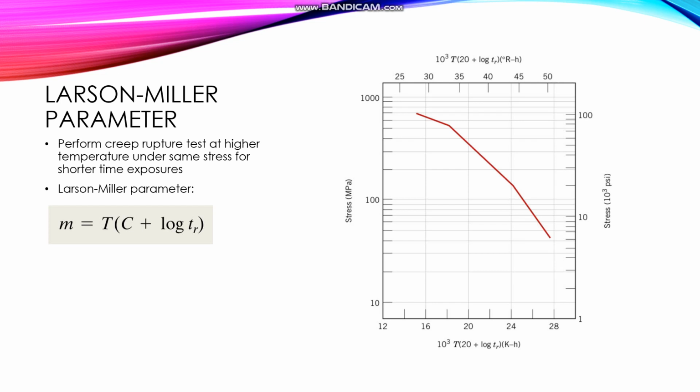The equation for the Larson-Miller parameter is this: M equals T times (C plus log tr), where C is a constant, T is the temperature in Kelvin, and tr is the rupture time in hours. On the right side, we have an example of the Larson-Miller parameter versus the logarithm of stress for the S590 alloy.